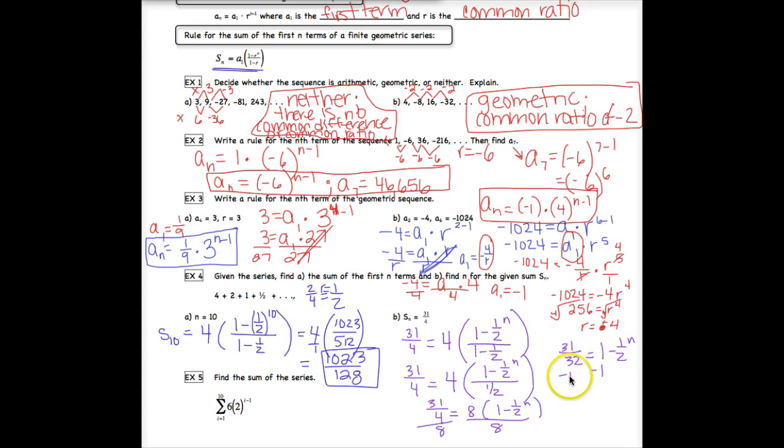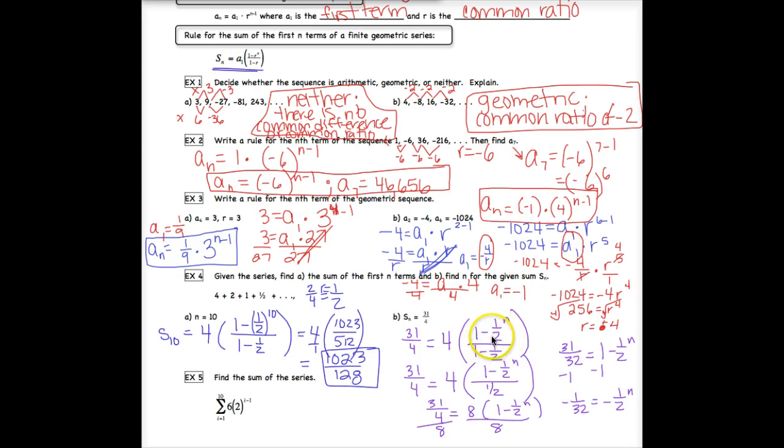This should be fairly easy to do because you know it has to have a 32 as a denominator, and that's negative 32 over 32. So I get negative 1 over 32 equals negative 1/2 to the n. Now, it's important that you realize where the sign came from.